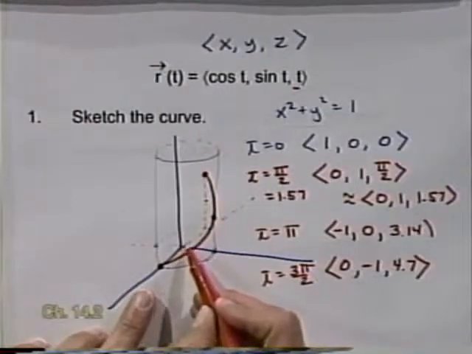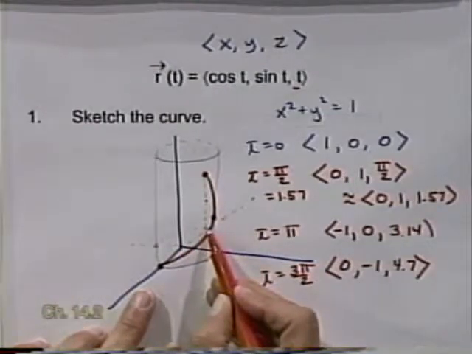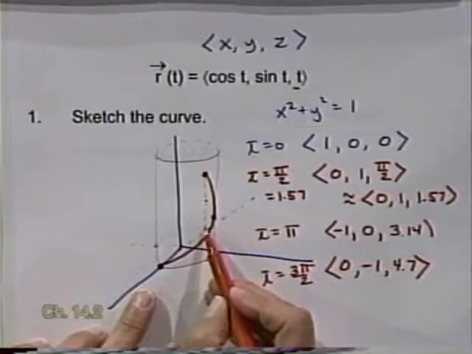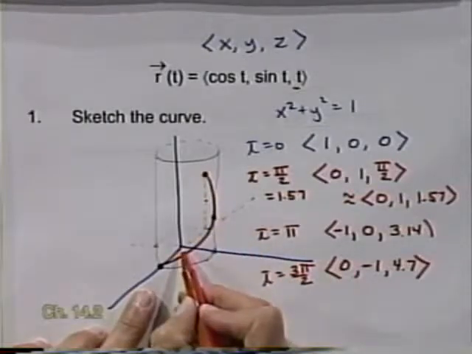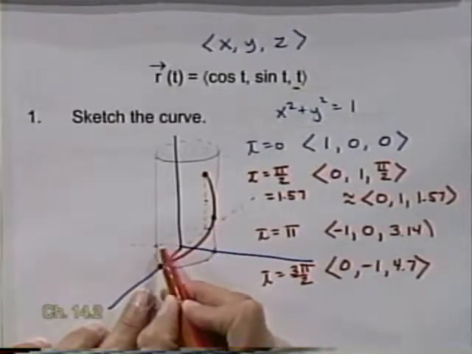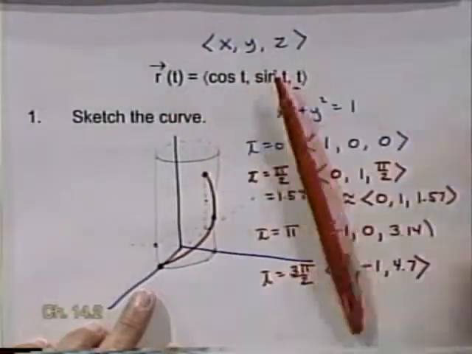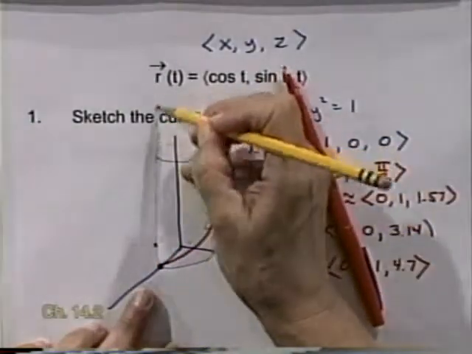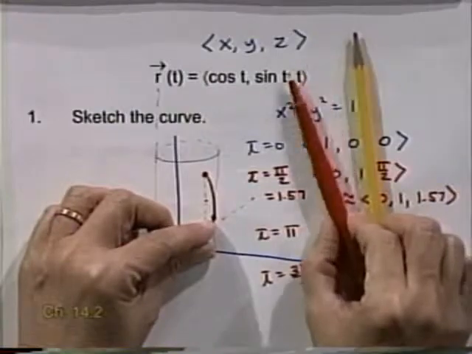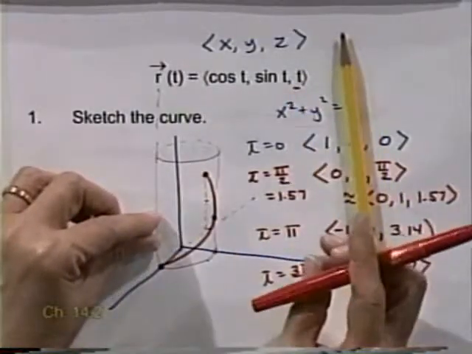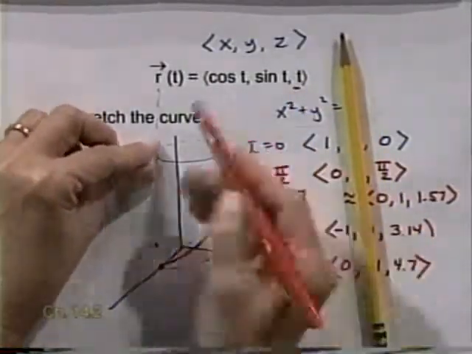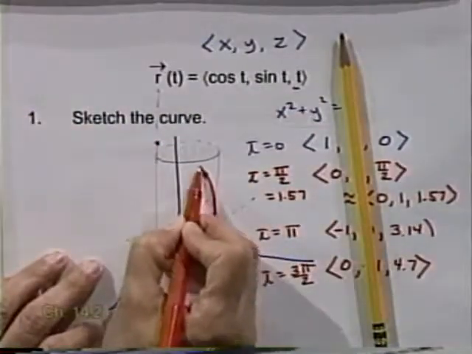Then x was -1, y was 0, up pi. Now x is 0, y is -1, and then we're going up to 4.7. So I'm thinking if this much is 1 pi over 2, 2 pi over 2, 3 pi over 2, we're going to be about here. So it's wrapping around to here.